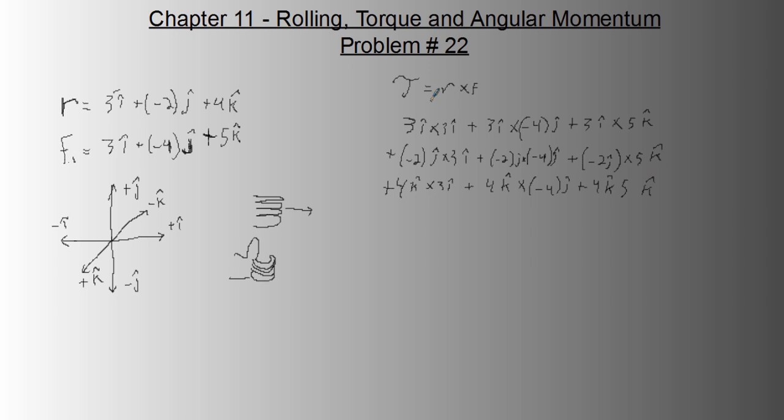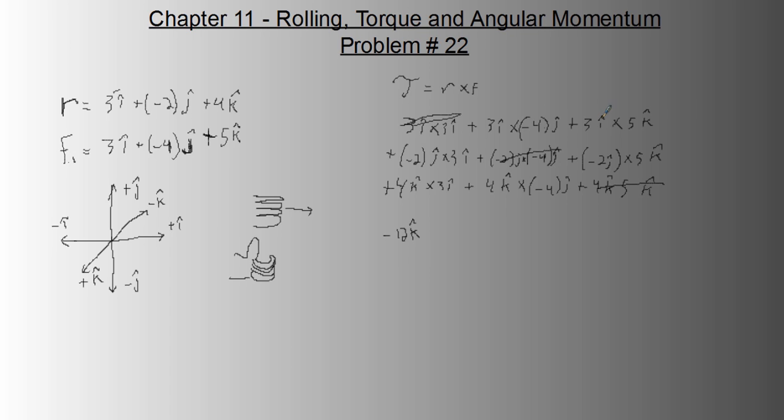First off, with cross product, when the vectors are parallel the angle between them is 0, so the cross product is 0 for I cross I, j cross j, and k cross k. Those are gone. Now, positive I, negative j: fingers point to the right, positive I, curl down, negative j, so that the thumb points away from you, negative k. 3 times 4 is 12, so that's negative 12k.